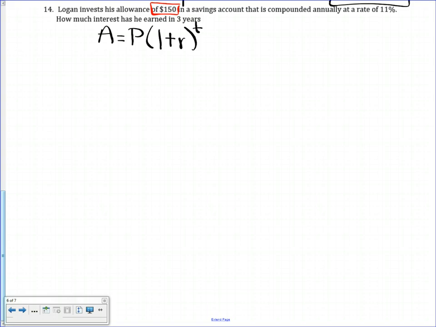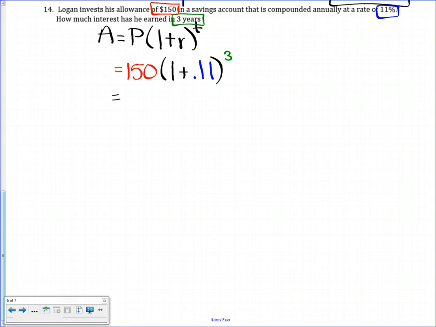It's what he invested, how much he started with. 1 plus always stays the same. The rate is 11% as a decimal, 0.11. And then our time, 3 years, or to the power of 3.